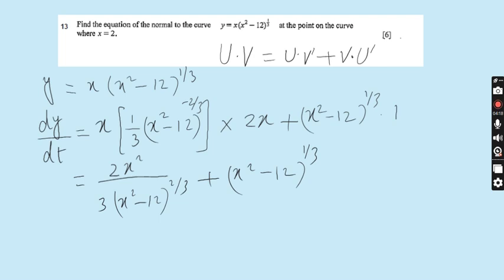Now find this gradient of the tangent, which I assign as m_t. M stands for derivative or gradient and T stands for tangent, at x equals 2. This value is given in the question.